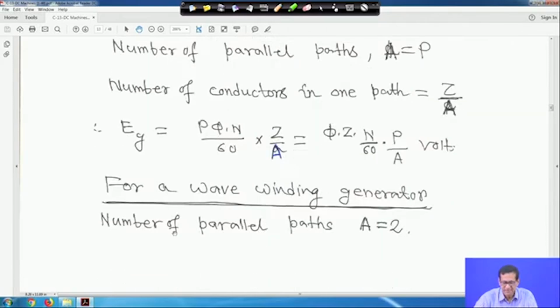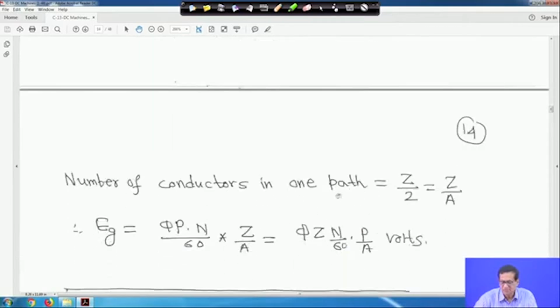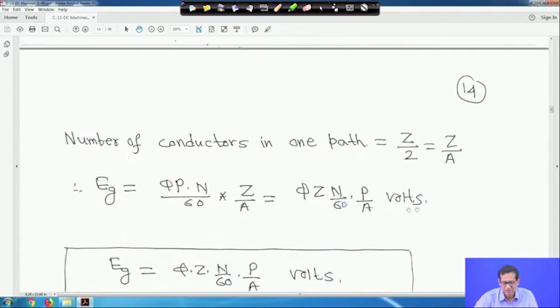Now, for a wave winding, the number of parallel paths is always 2, A is equal to 2. So, if you put A is equal to 2, then the number of conductors in one path is Z by 2, which is Z by A, right. So, it is easy to remember, again it is phi Z N by 60 into P by A, right.